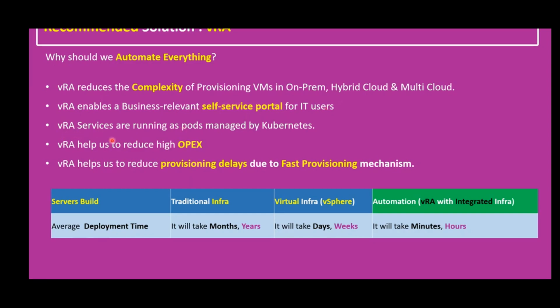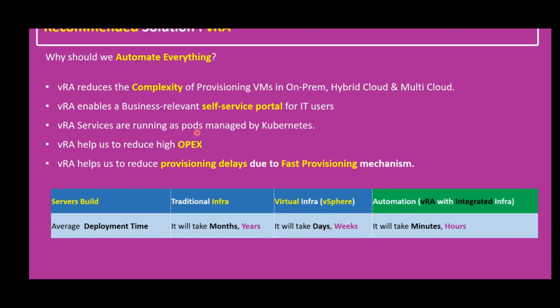And vRealize Automation services are running as pods. Earlier, VRA had a Windows virtual machine also. Now the architecture has changed. VRA is running on a Kubernetes platform as pods. If VRA is running on pods, even troubleshooting is pretty simple. Even when a pod is down, you can immediately provision a new pod.